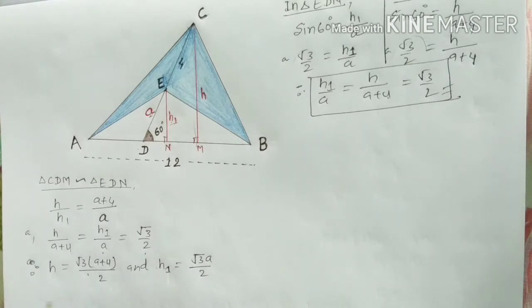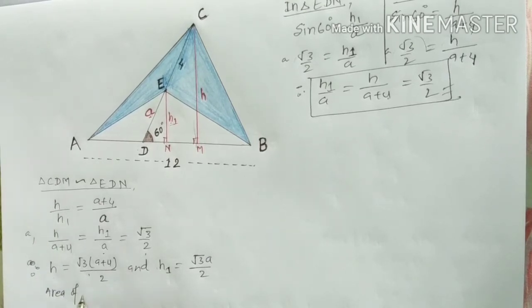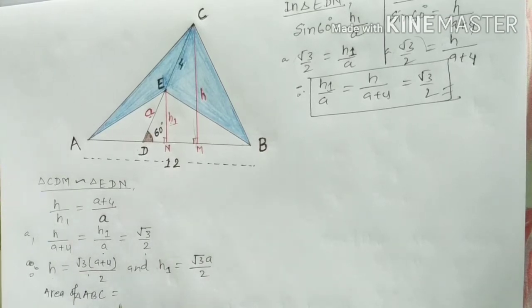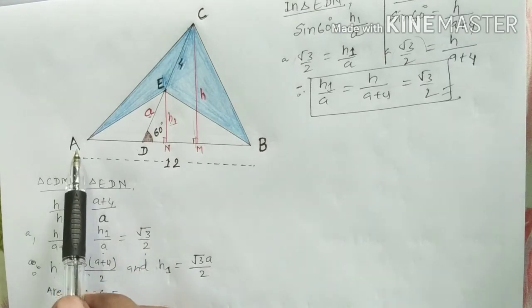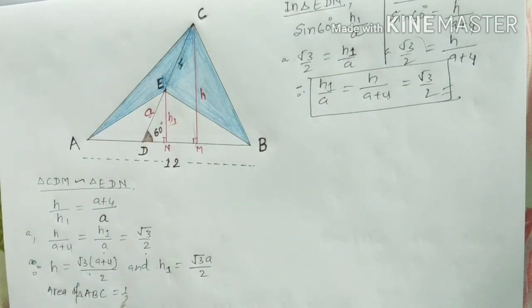Okay, now we are going to find the area of triangle ABC. We can use the formula that the area of triangle ABC is equal to half times base into height.